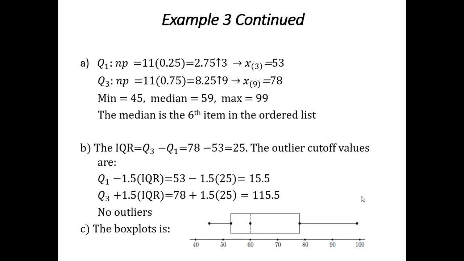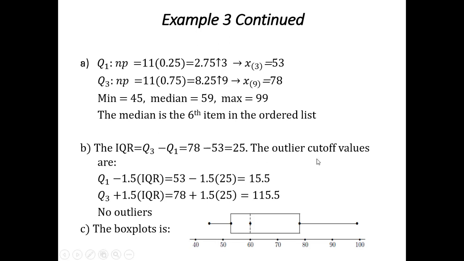So the idea is to find something called the interquartile range. The interquartile range is Q3 minus Q1. So here we would get 78 minus 53. Okay, so that gives us 25, right? So the IQR is 25.